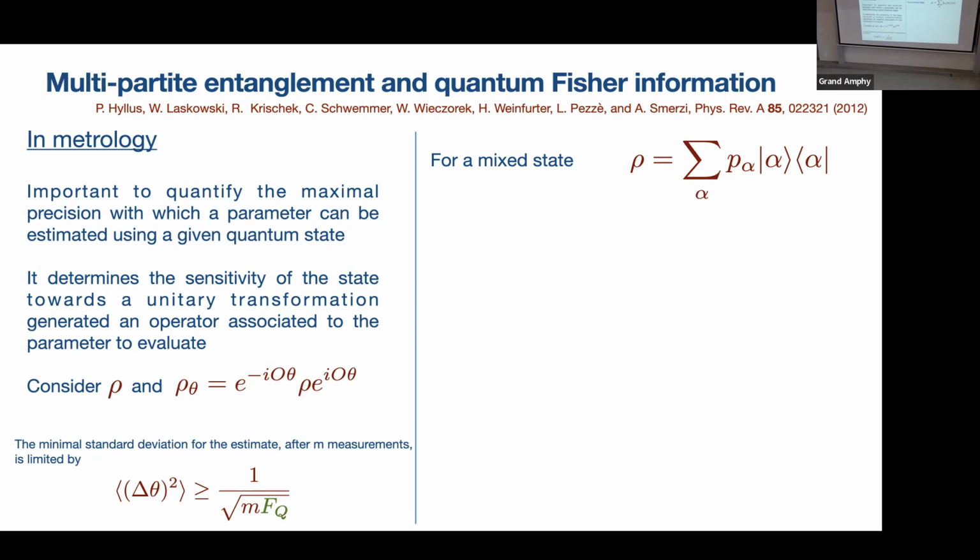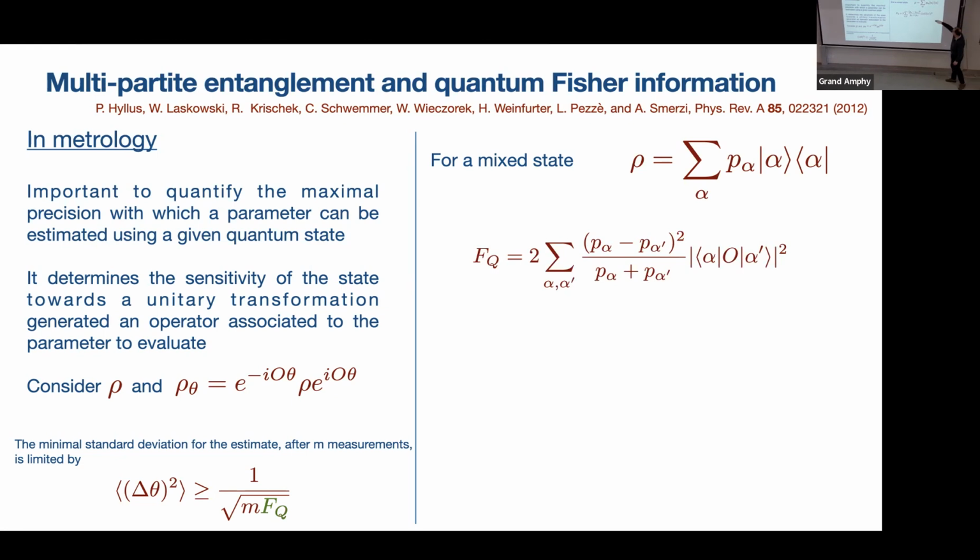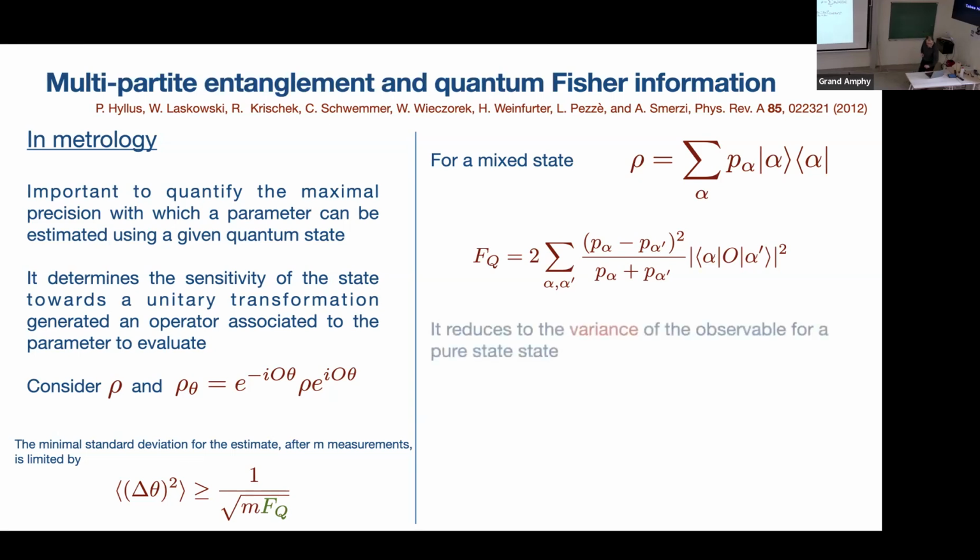If I start with a mixed state expressed in its diagonal form, then the Fisher information depends in this way on these probabilities and the various matrix elements of the operator O computed between the various states alpha and alpha prime.